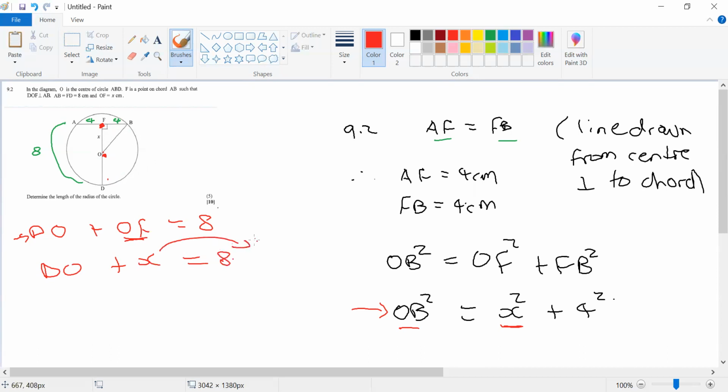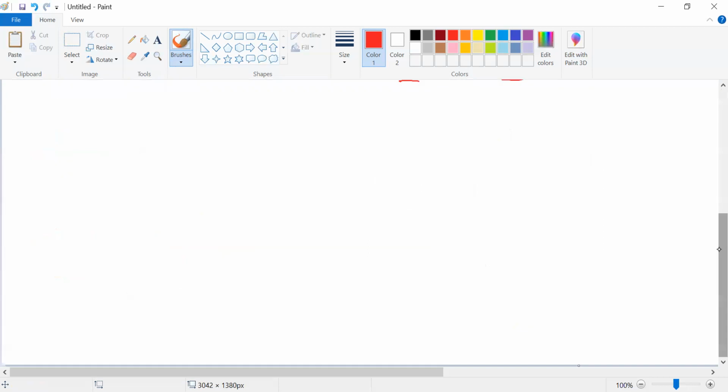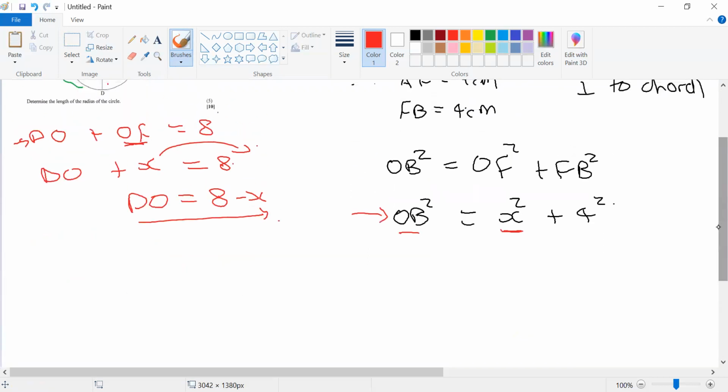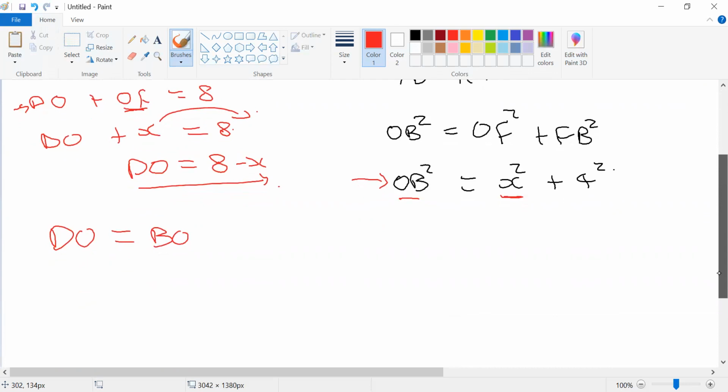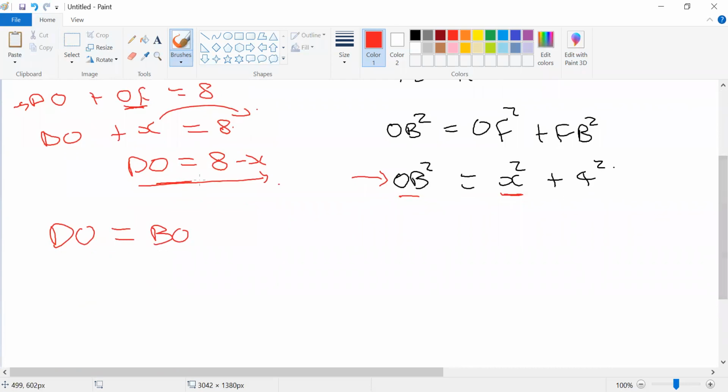And if I take the X across, DO is equal to 8 minus X. So this is going to help me, because from what I've already discussed, I know that DO is equal to BO or OB, simply because they are both radius or radii. And because of this fact, I can substitute 8 minus X in place of OB.